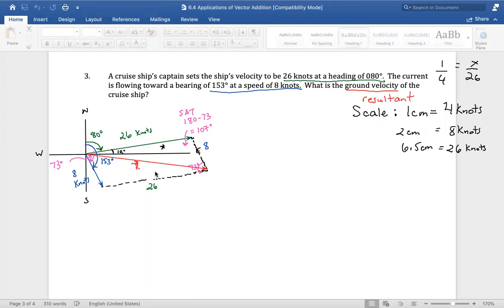I don't have this side, I have this angle. I don't have just this angle from side 8 to the red resultant, right? So I wouldn't be able to do sine law. So what I need to do is use cosine law.